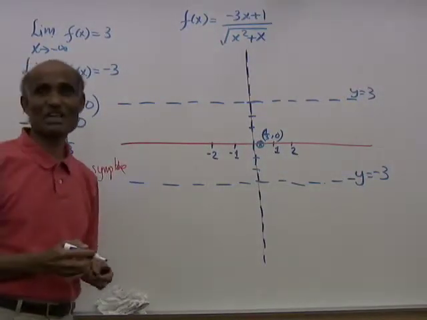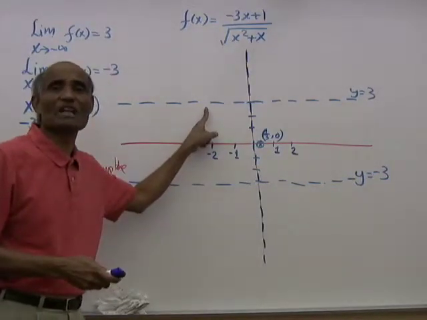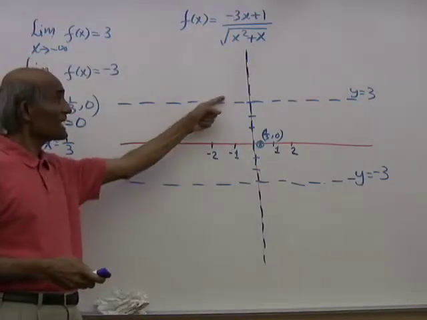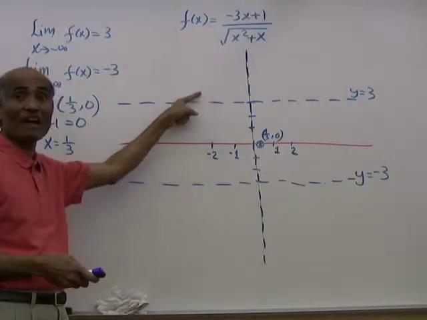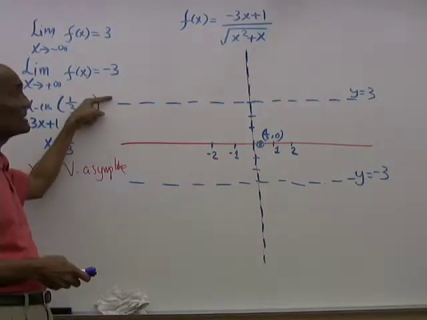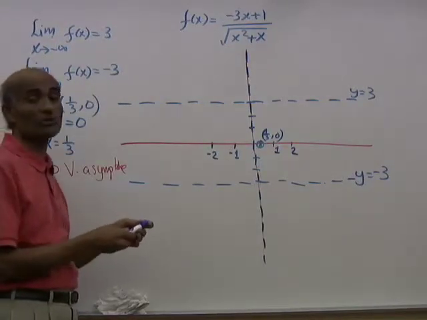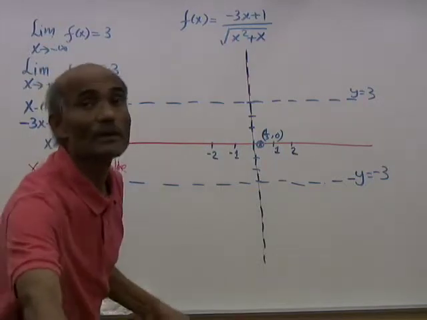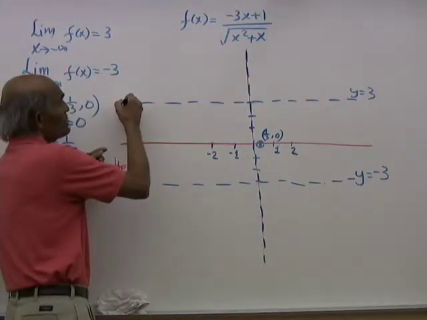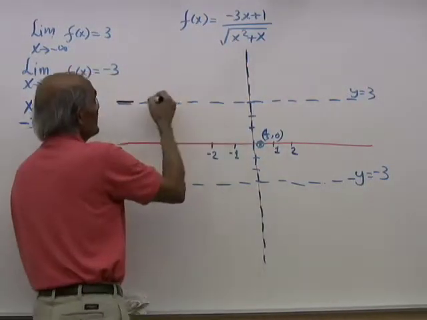Now, help me sketch it. What does it mean y equal to 3 is a horizontal asymptote? You must understand what that means. When x goes to negative infinity, for negative values of x, as x approaches negative infinity, the function is very close to y equal to 3. That means the graph will be very close to y equal to 3, but this is a vertical asymptote.